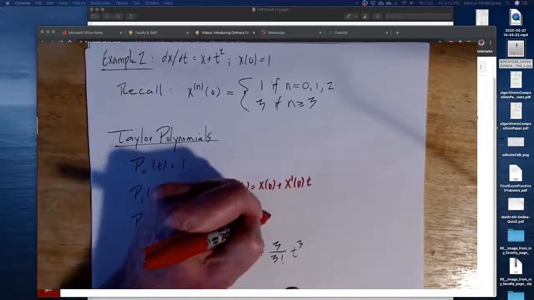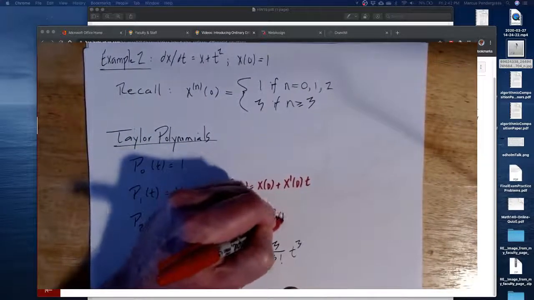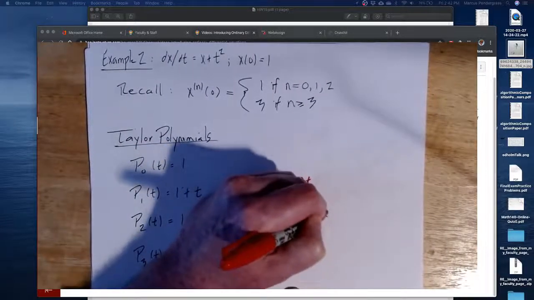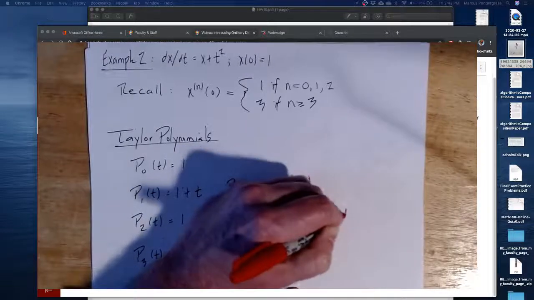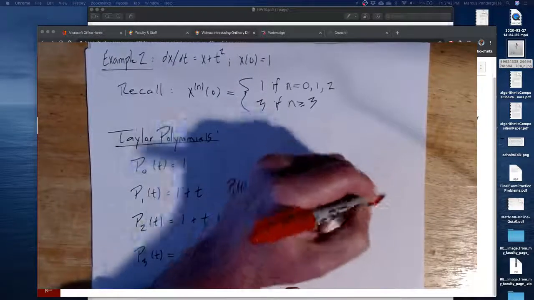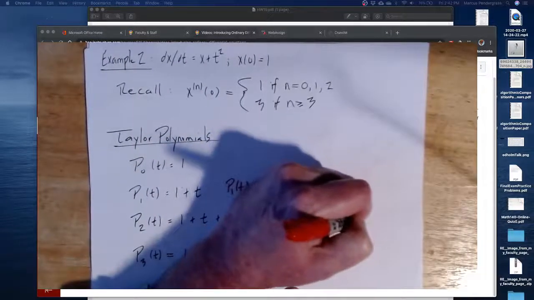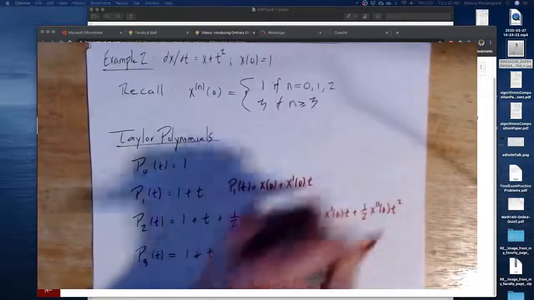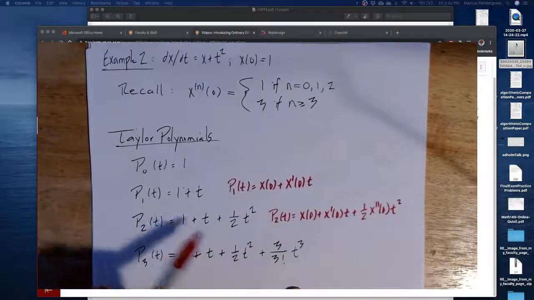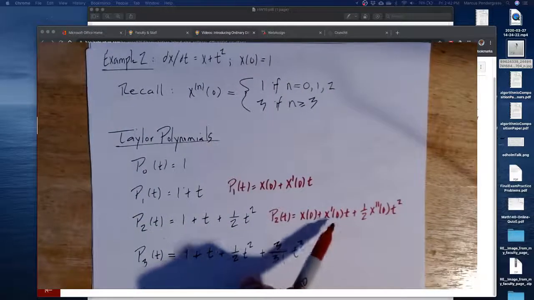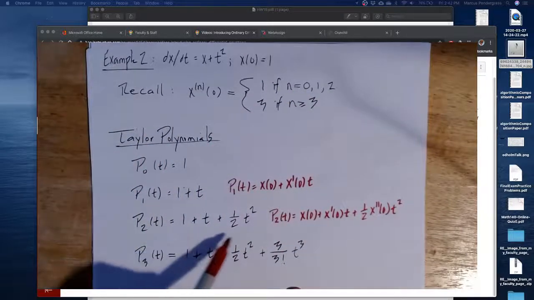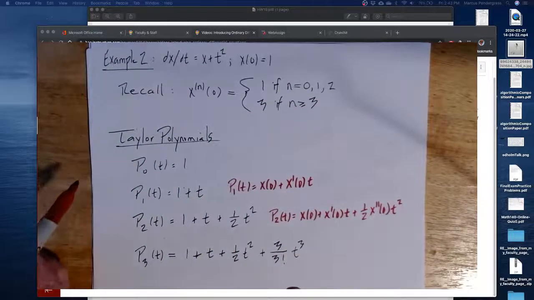P2, remember in general, P2 of t is x of 0 plus x prime of 0 times t plus 1/2 x double prime of 0 times t squared. And so again, all those derivatives at 0 are 1 according to our previous work, and so we're getting 1 plus t plus 1/2 t squared.